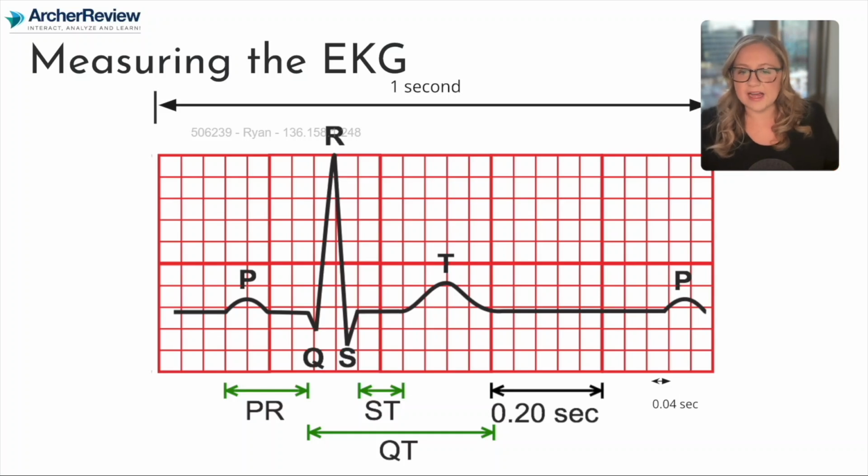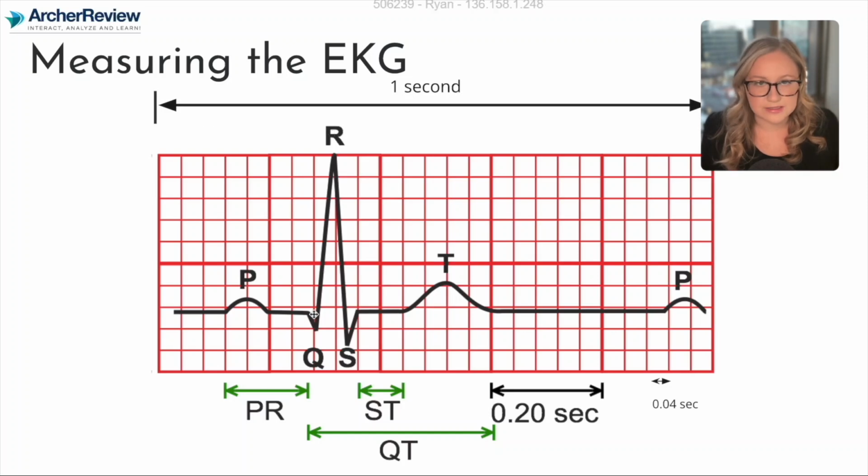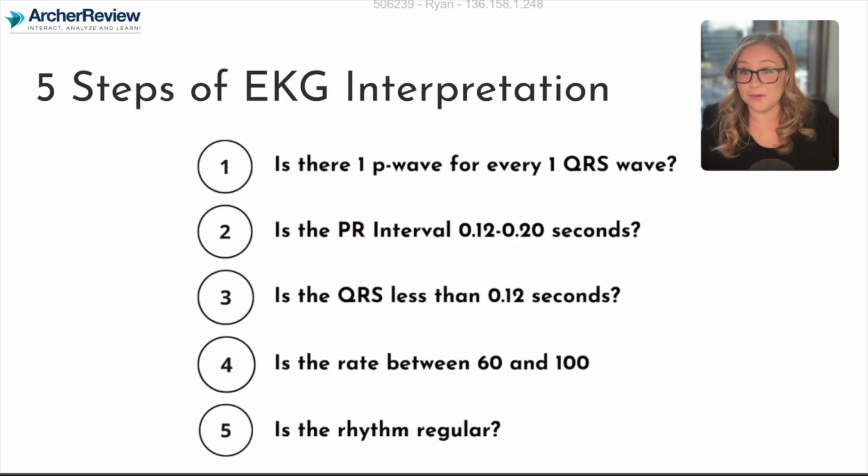Looking at this, I see 1, 2, 3, 4, just over 4 little boxes. And I know my little boxes are 0.16 seconds. So that PR interval is 0.16. Is that normal? Yes. 0.12 to 0.2 is my normal PR interval.